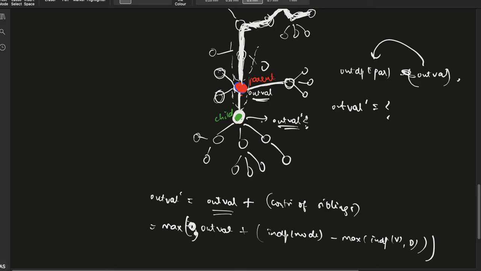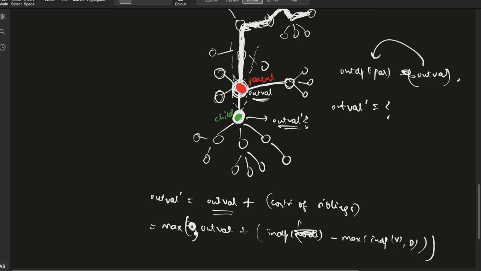So out val is always taken care of, the parent's out val is always correct. For the child, its out val would be the out val of the parent plus the contribution of siblings. And the way we calculate the contribution of siblings is, we've already calculated the NDP of the parent, right?